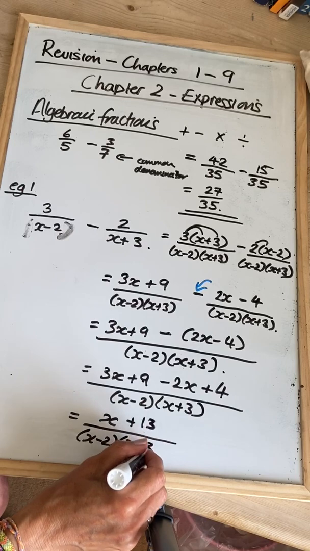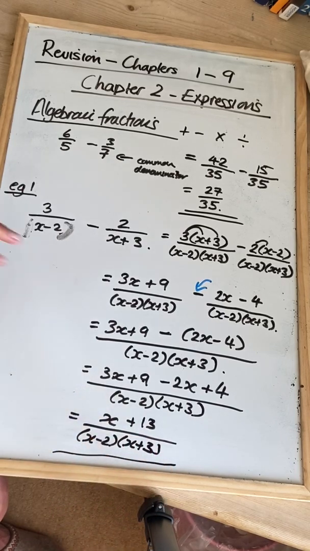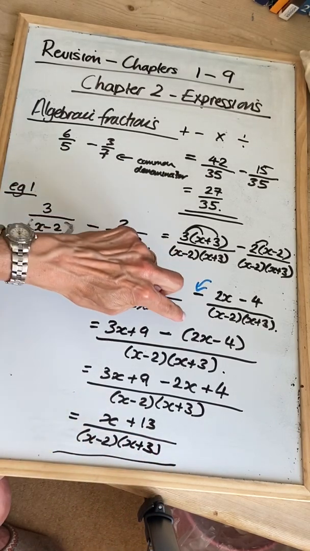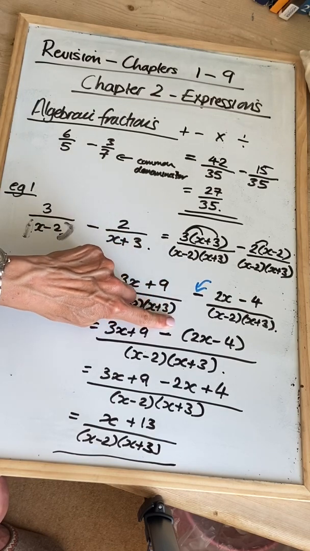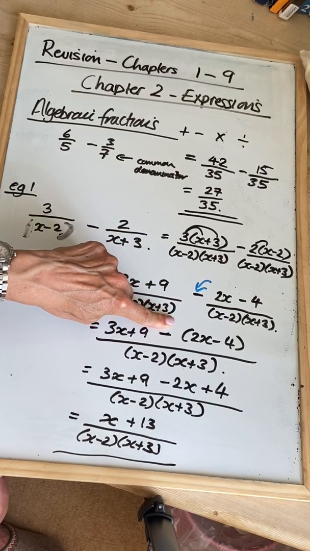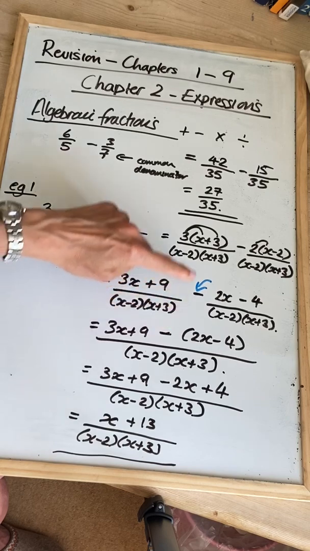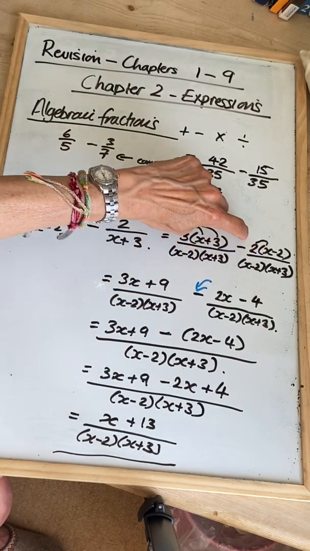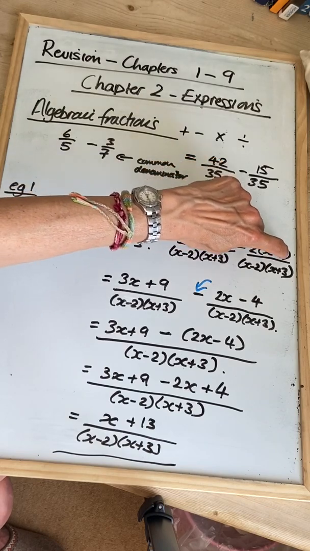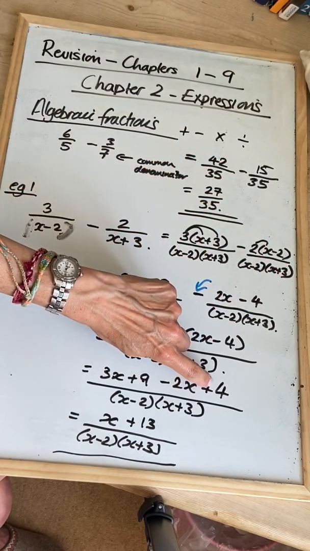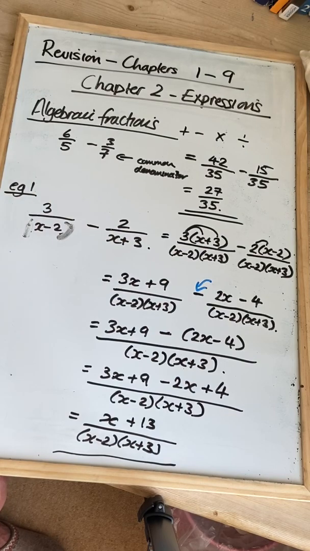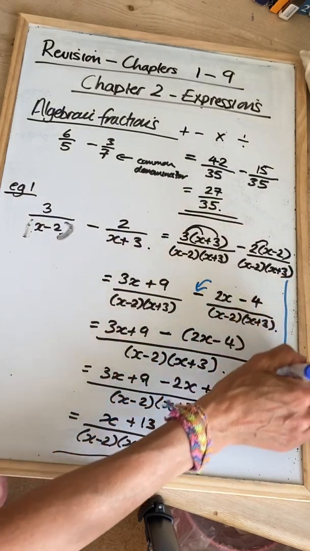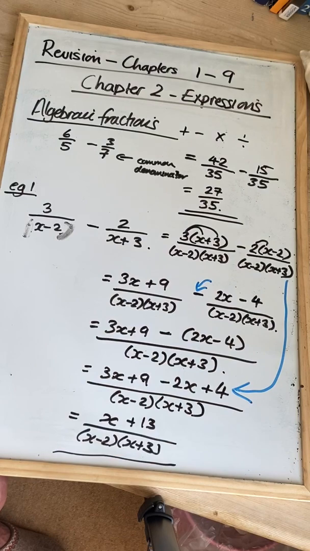Now, I would be fine if you skipped some of these workings, but you must get this sign right. So from here, if you did minus 2x and plus 4, it would get you right down to here. You could skip all of those workings and come in down here. Now I can see that might be very attractive to you. You hate doing loads of workings, lots of you.